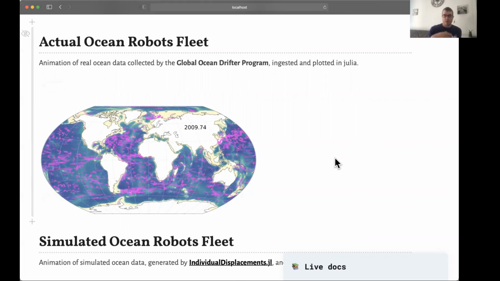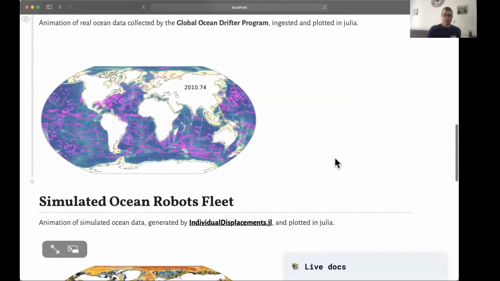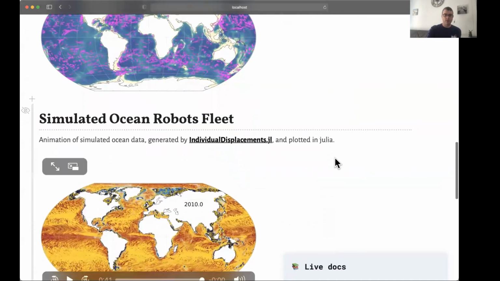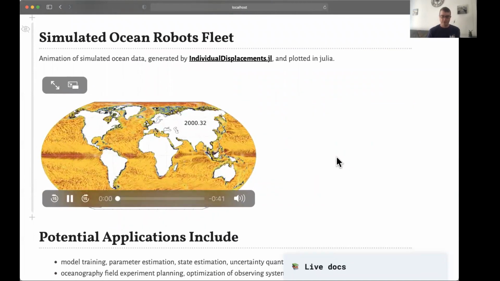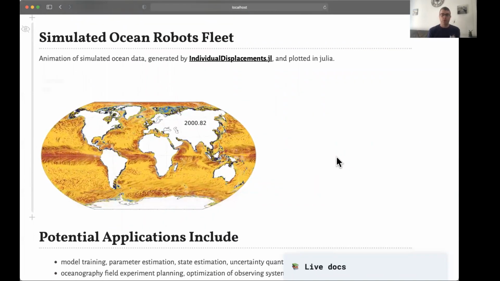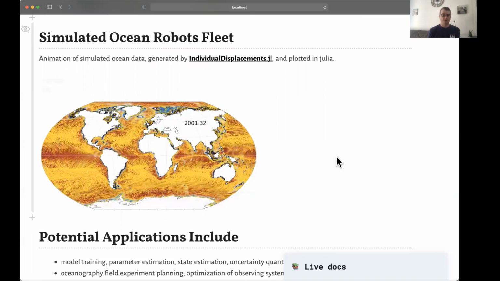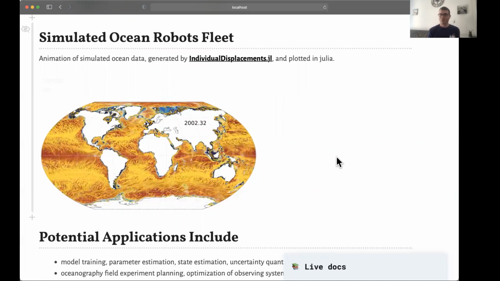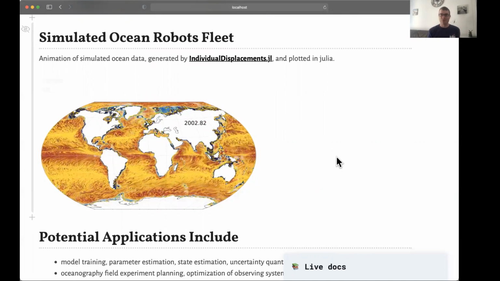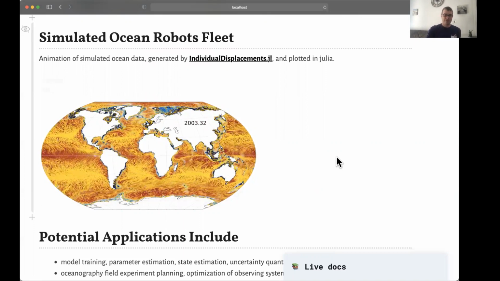And you should maybe see that they're following ocean currents somewhere. These were ingested by the package, and now here is a version of the same kind of data, but simulated with, again, IndividualDisplacements.jl for the computational trajectories. There's a lot more because they are cheap to put in a virtual environment, much easier than in the real ocean, of course.